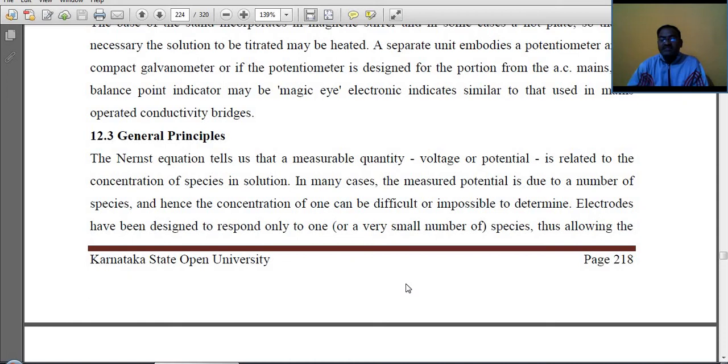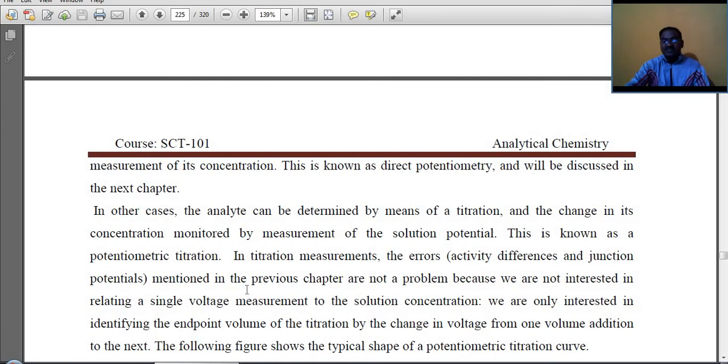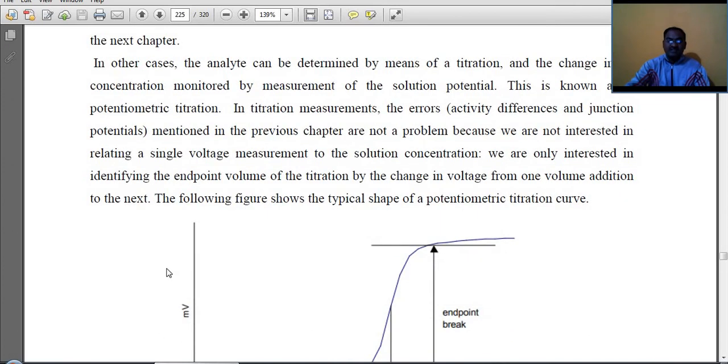In many cases, the measured potential is due to a number of species, and hence the concentration of one can be difficult or impossible to determine. Electrodes have been designed to respond only to one species, thus allowing the measurement of its concentration. This is known as direct potentiometry and will be discussed in the next chapter.